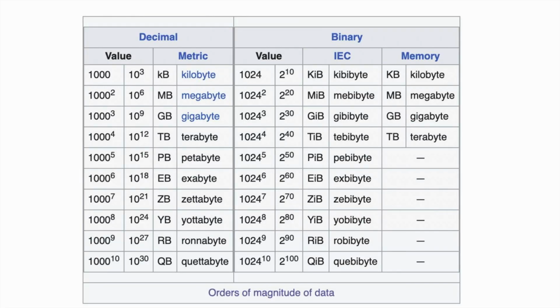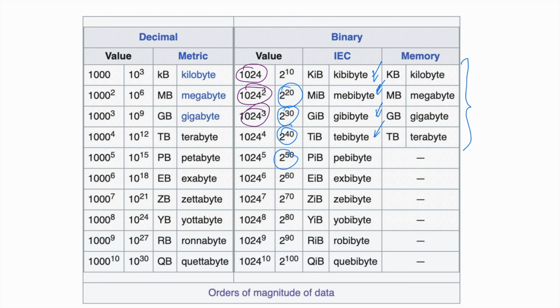But if we're really looking into computer science, and we are looking at storage sizes in terms of 1024, meaning powers of 2, then we're referring to them as kibibytes, mebibytes, gibibytes, tebibytes, etc. In the store, they might be referred to differently, but technically, that's what we're talking about. So 1024 bytes is going to be a kibibyte, 1024 kibibytes is going to be a mebibyte, and 1024 mebibytes is going to be a gibibyte, and so forth.